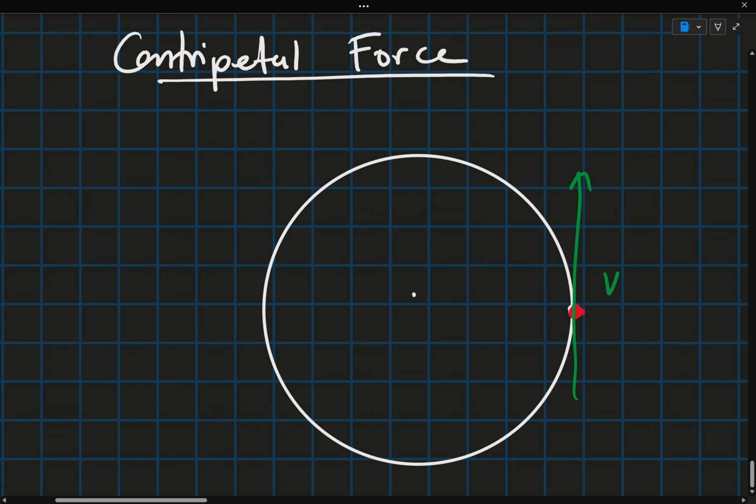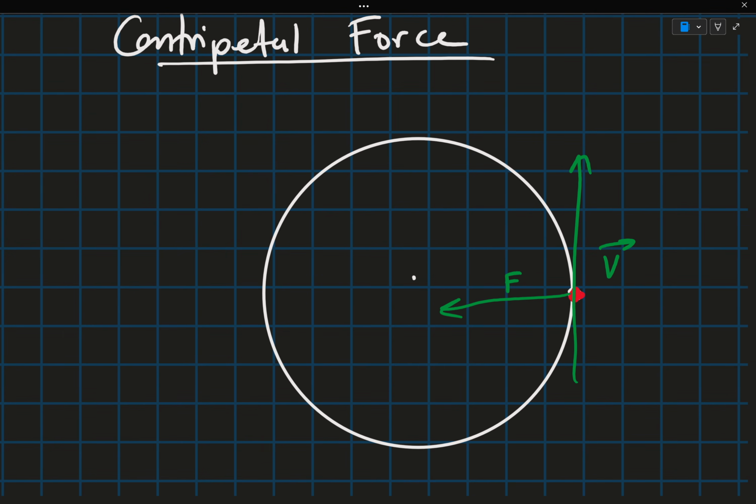Remember that the acceleration comes from that force component. So the acceleration is acting towards the center of the circle, and when things accelerate, that means a force is being applied. That force is a centripetal force. So remember, that's what we're looking at.